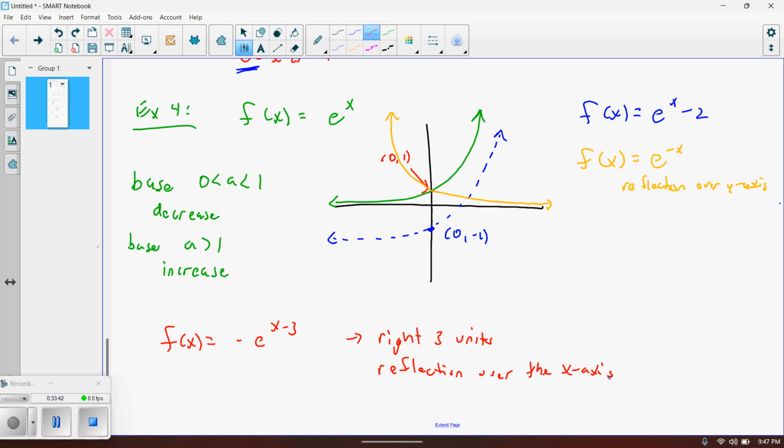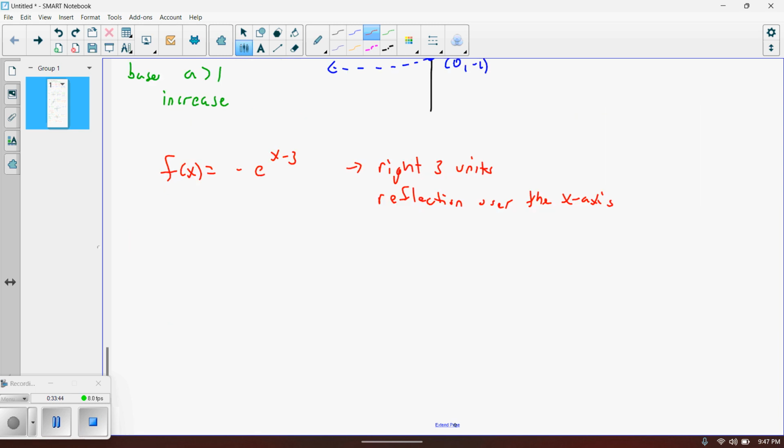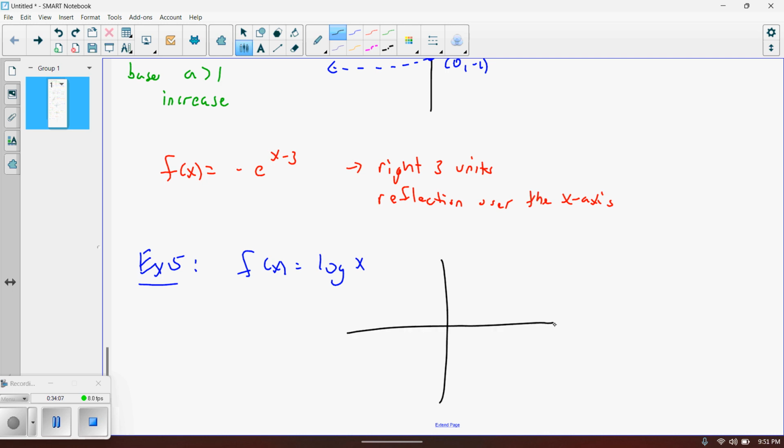All right, we're going to look at one more example, and this is going to be a logarithmic function. All right, so logarithmic functions. Again, the shape of a logarithmic function, this one's really important to know, looks like this.